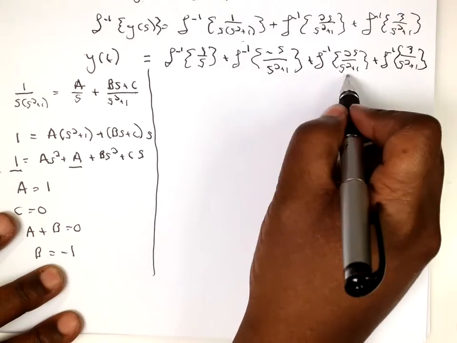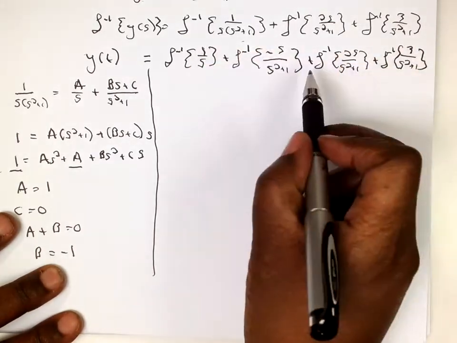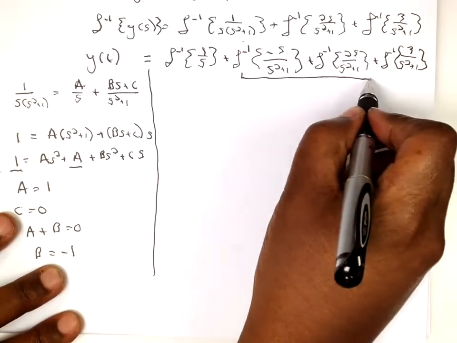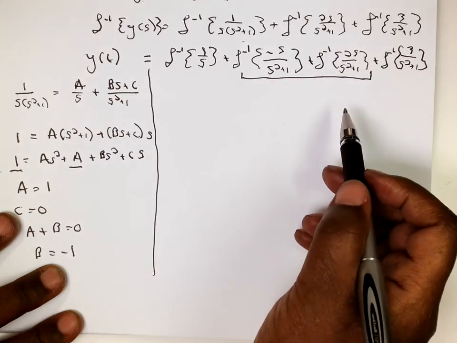These two terms are like terms. I can put them together and that will just give me an s over s squared plus 1.